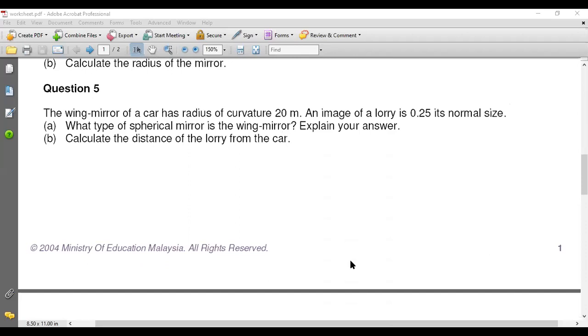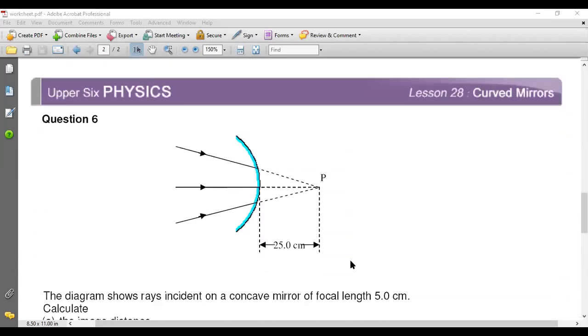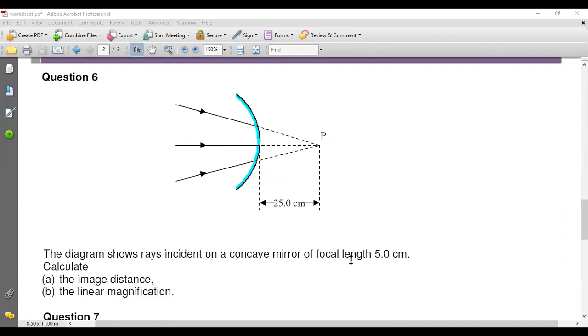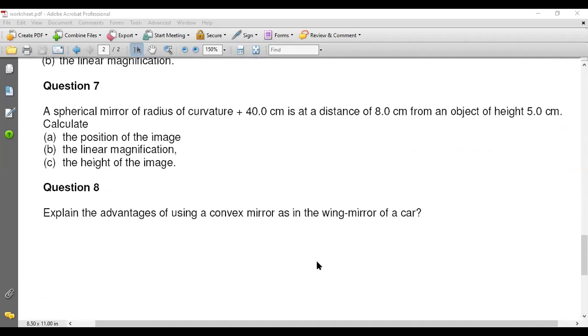Question 5. Question number 6. Question number 7 and question number 8.